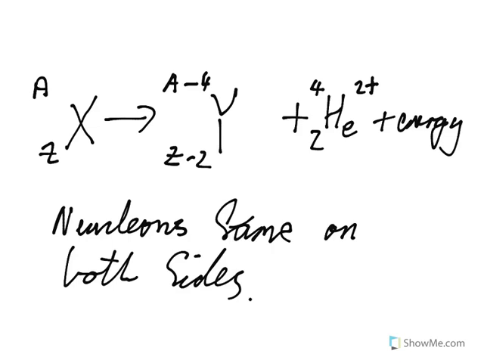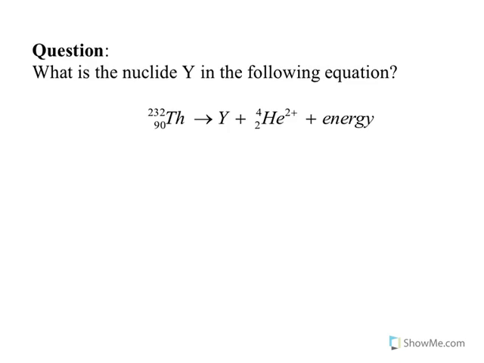So we've got an example, so let's have a look at the example. We've got thorium going to element Y, whatever element Y is. Well, we can figure out element Y, its atomic and its mass numbers. The atomic number total is 90, 90 minus 2 is 88. And the mass number, 232 total, so 232 minus 4 is 228.